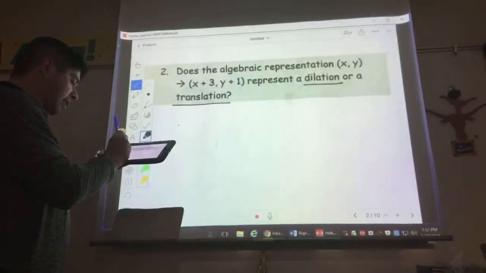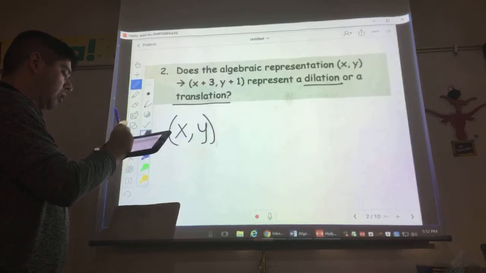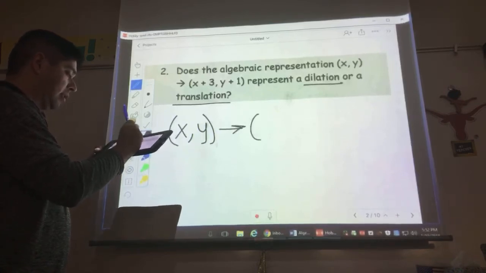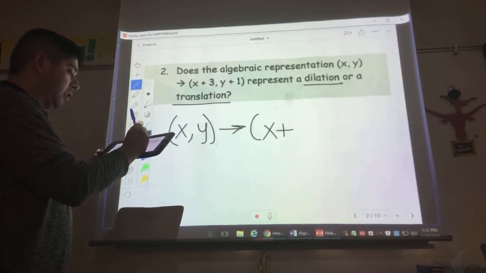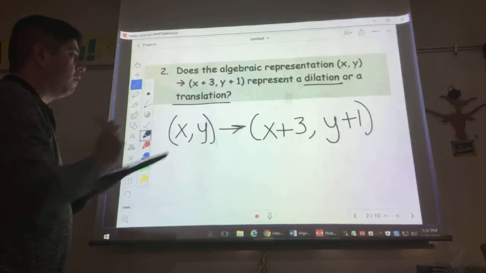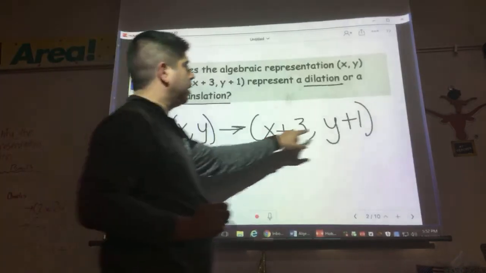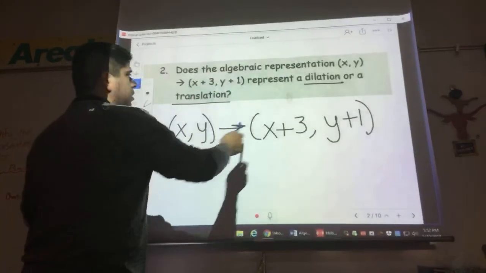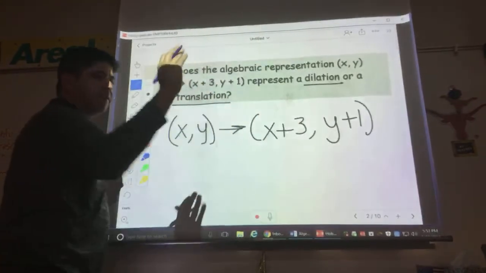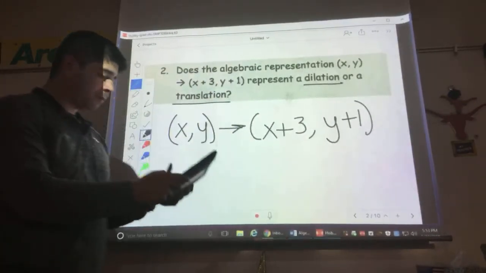So we'll rewrite that here, that way it's not broken up like it is in that sentence. x plus 3 comma y plus 1. Hopefully that should be easy. You should know what this is if it has the plus and the plus. So your answer is either going to be this or that. That's all you need to have for this one. So really not a lot of work for number 2.